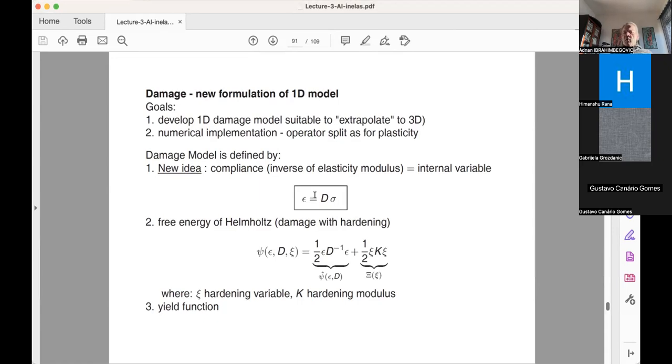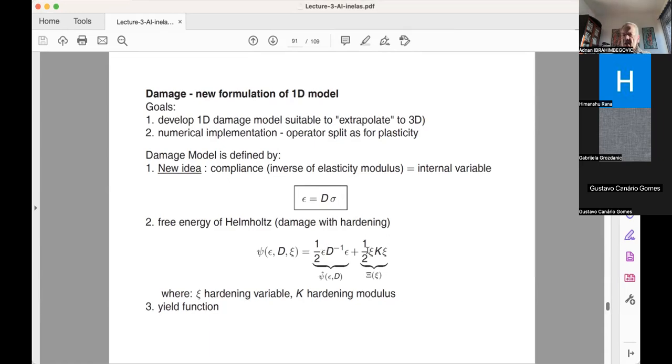Other than that, I'm simply copying what I've done before, maybe changing the names. Before, here I have now free energy. I happen to write it as a function of epsilon and D minus 1, D being the current value of the damage compliance. When I invert it, I get the current value of, let's say, the tangent modulus.